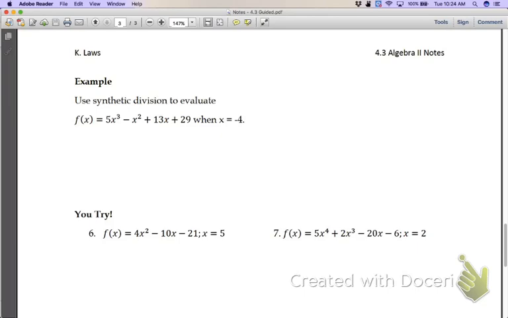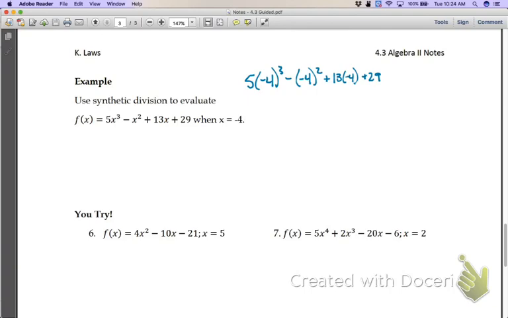Okay, some of you, if it said to evaluate here, what you would do is you would go 5 times negative 4 to the third power minus negative 4 squared plus 13 times negative 4 and then plus 29.